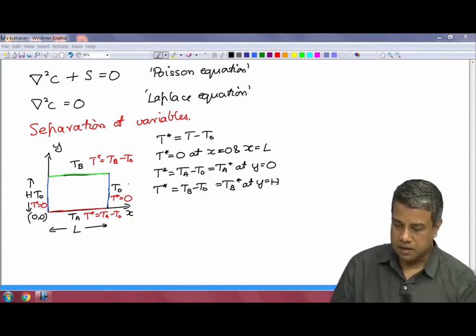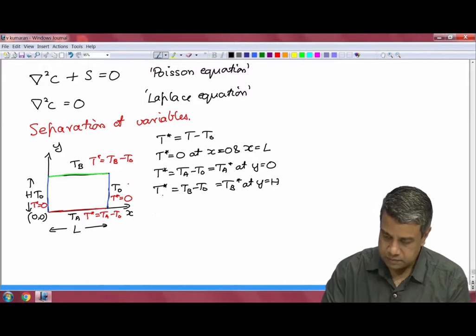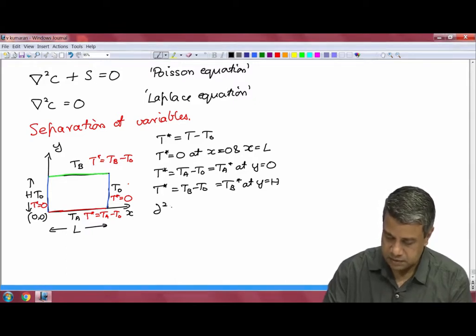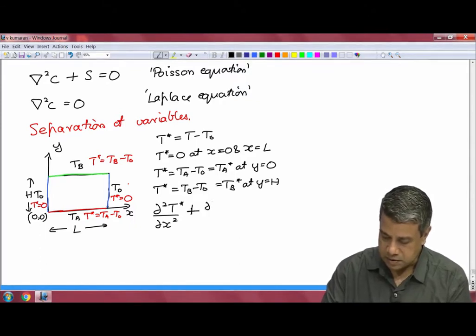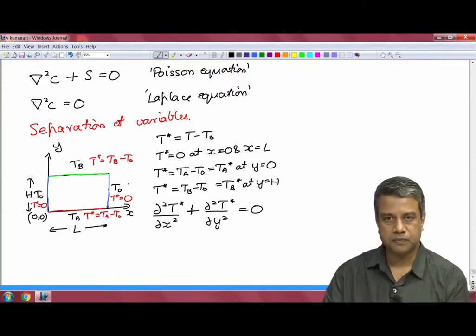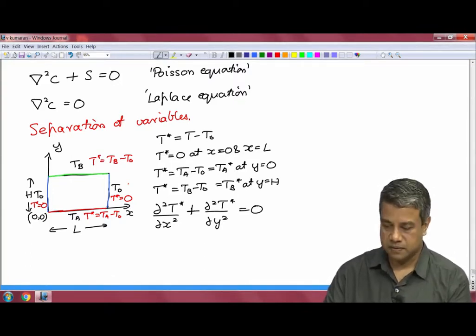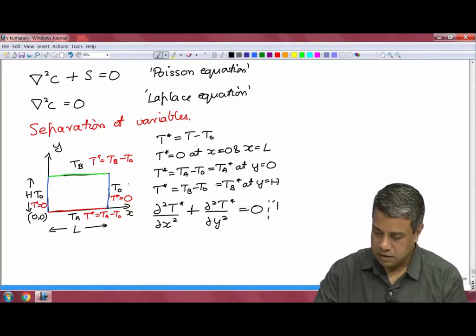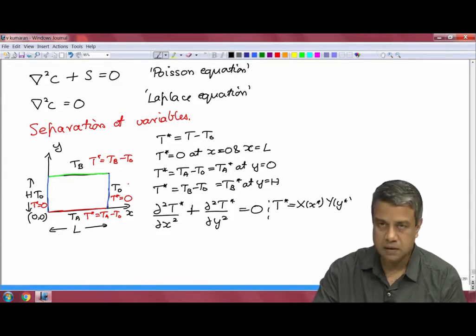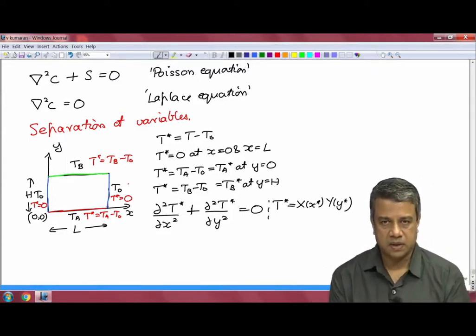The heat conduction equation: partial square T star by partial x square plus partial square T star by partial y square is equal to 0. Separation of variables, we substitute T star is equal to X of x star times Y of y star, where capital X and capital Y are some functions.